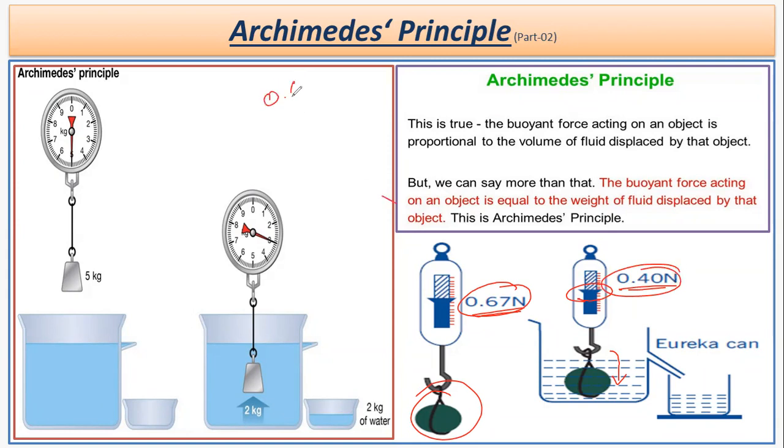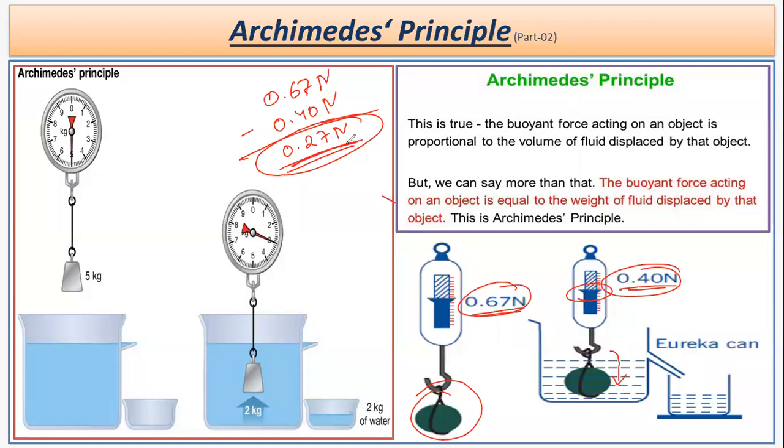So earlier it was 0.67 Newton, and later on, we found it got to 0.40 Newton. So it has been reduced. By how much has it been reduced? It's been reduced by 0.27 Newton.